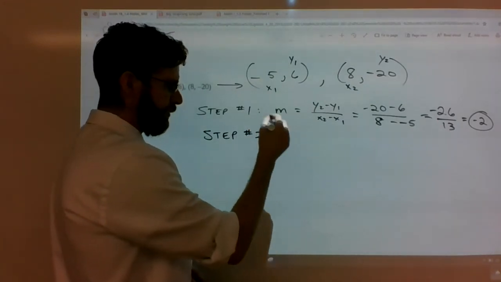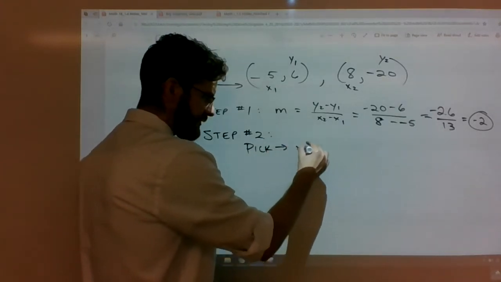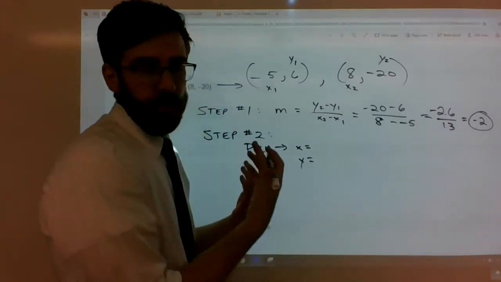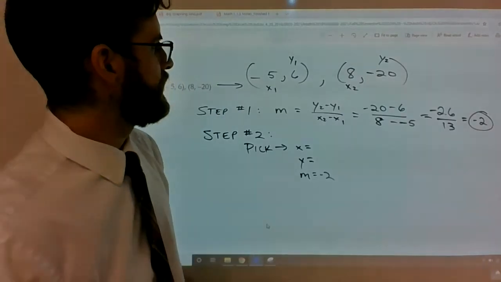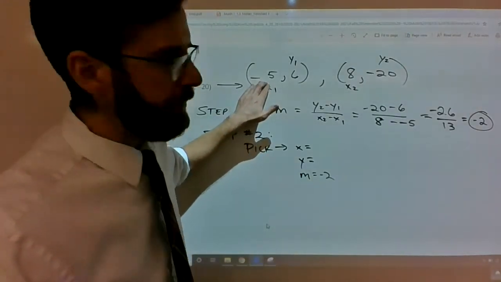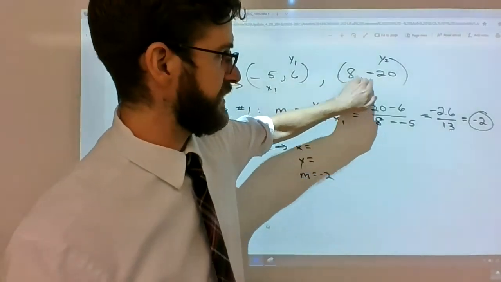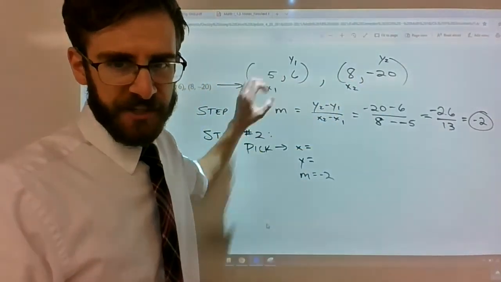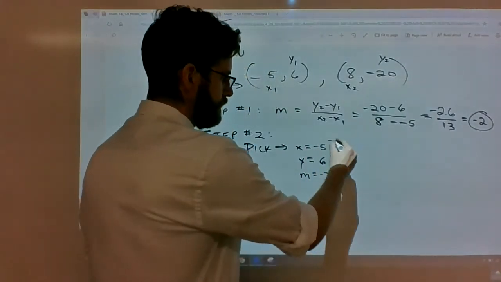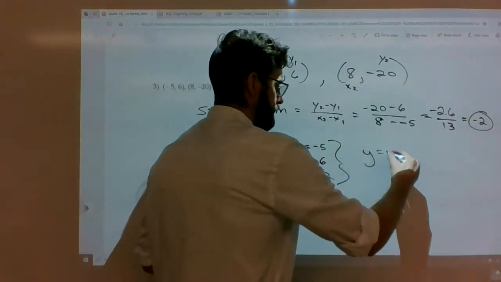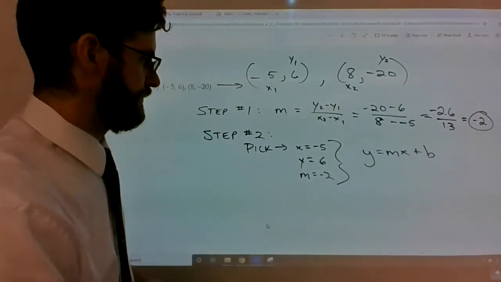Step 2, this is the point at which we say pick your x, your y, and then you know what your m is. It's negative 2. At this point, you can't really avoid the negative numbers. There's going to be an x that's negative and a y that's positive versus an x that's positive and a y that's negative. I'm going to go with negative 5, 6 because they're smaller numbers. And they are going to be plugged into that formula.